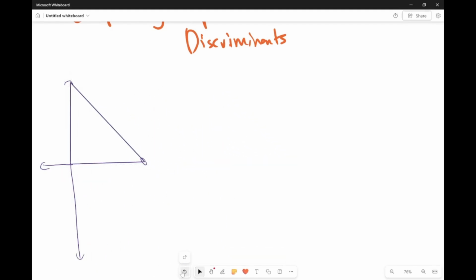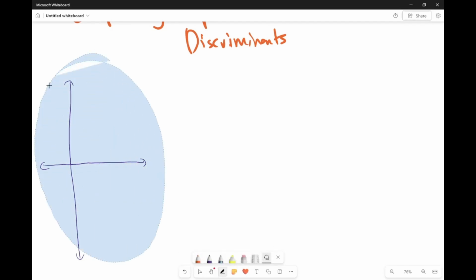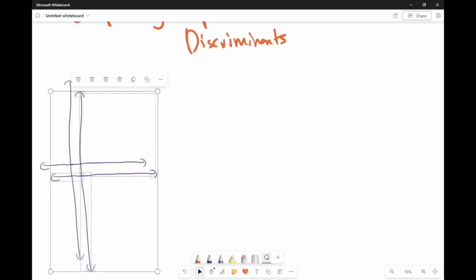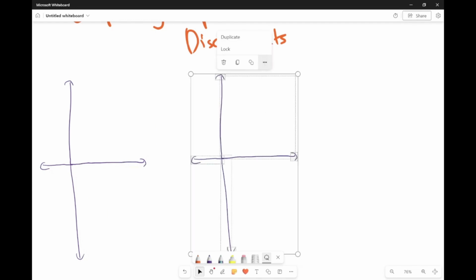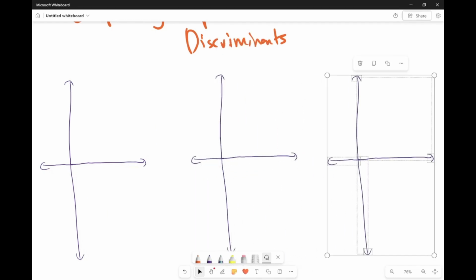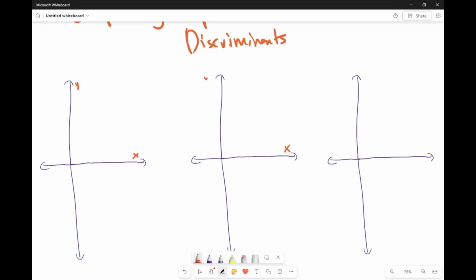Oh, I don't want that extra line in there. So let's do this. I will make a bunch of these axes. We're gonna take a look at how this functions. Cool. So imagine this as being your typical XY coordinate plane, your Cartesian coordinate plane you're familiar with.